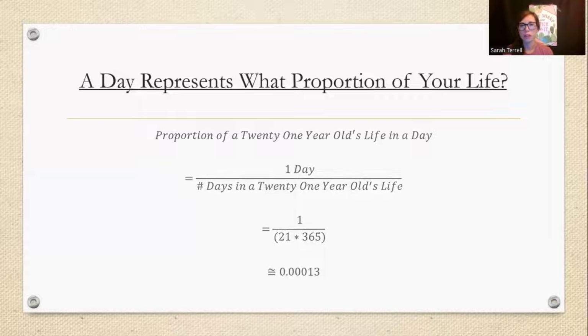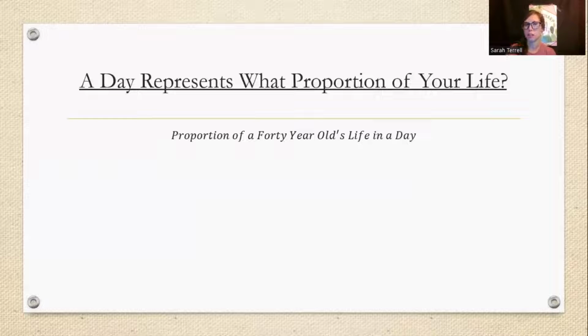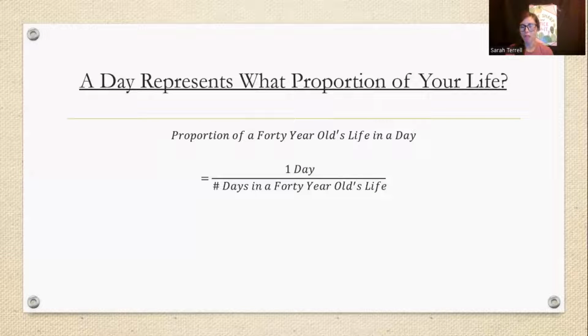Let's continue on with this. Let's think about another milestone, when you are hitting the age of 40. What does that proportion of a day look like in a 40-year-old's life? We have 1 divided by 40 times 365, giving us a proportion of 0.00007.